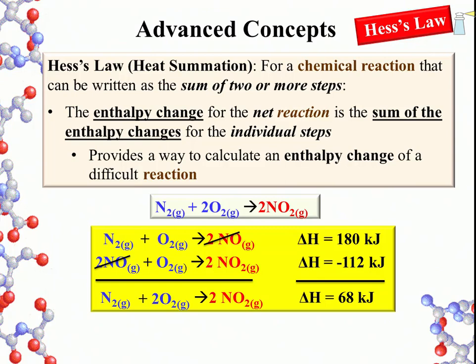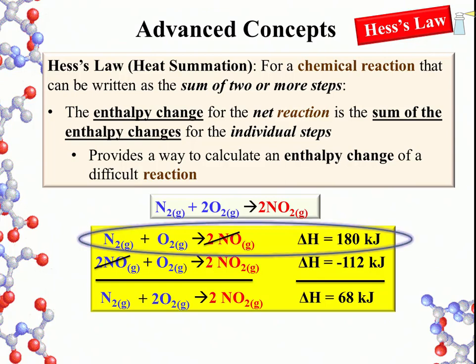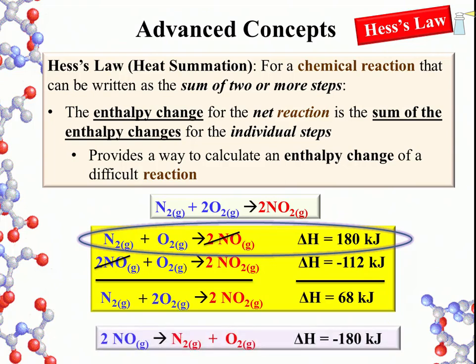There are two additional points to be made with this process, and we will use the first step to demonstrate them. What would happen if this reaction were not presented to us in a way that allows us to cancel the nitrogen monoxide with the second equation? What if it was given as the reverse of the reaction, nitrogen monoxide breaking down into nitrogen and oxygen gas?